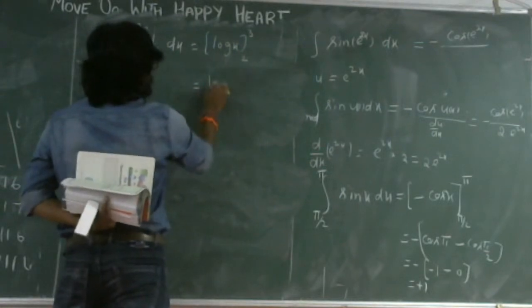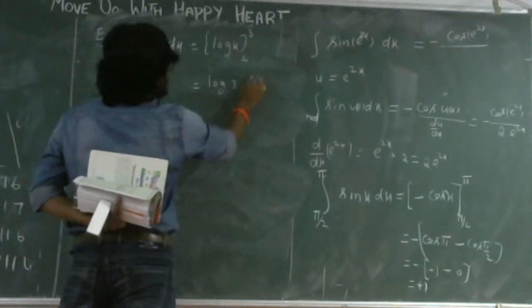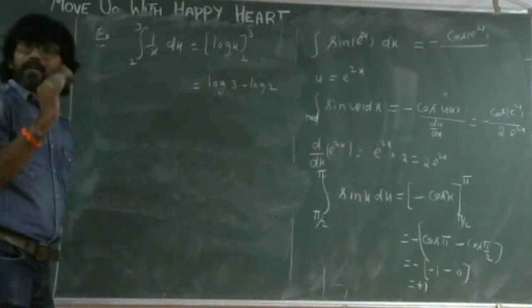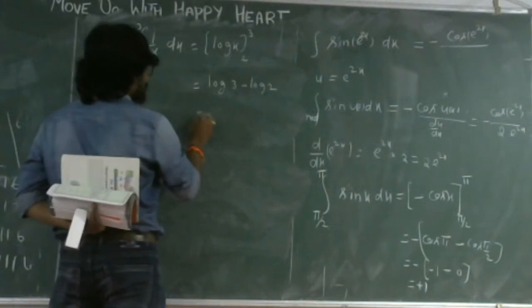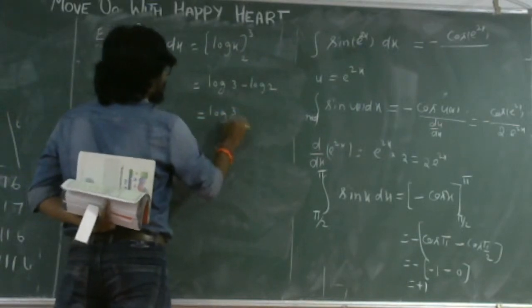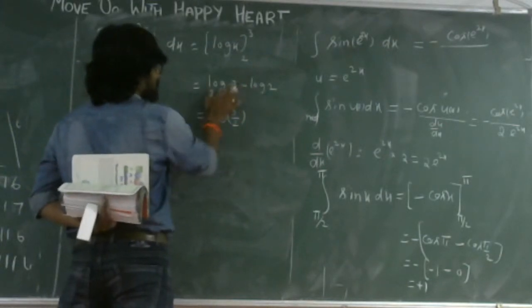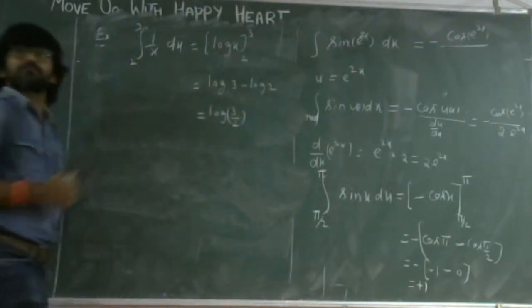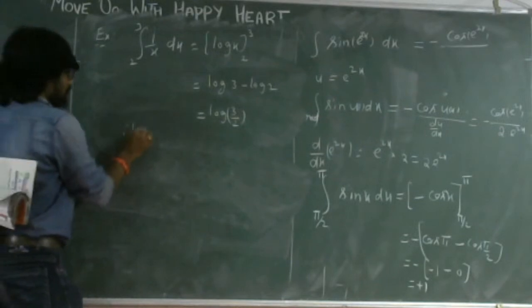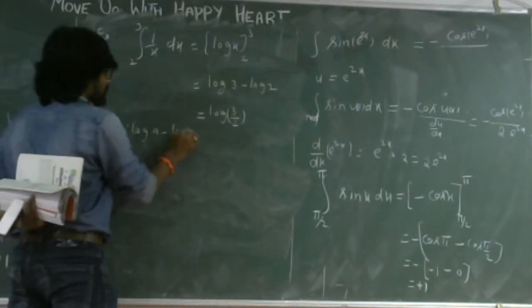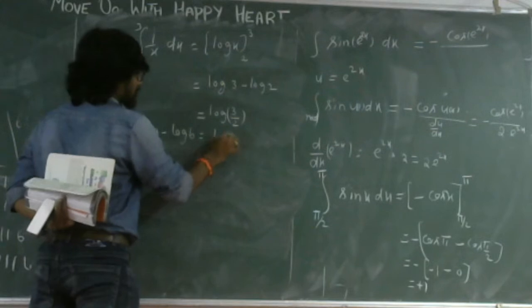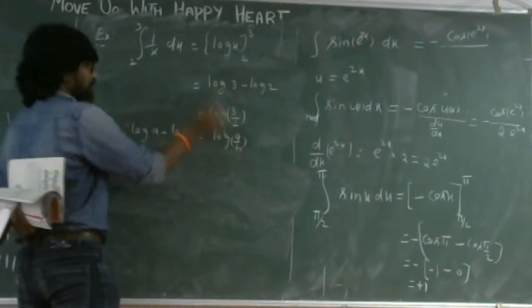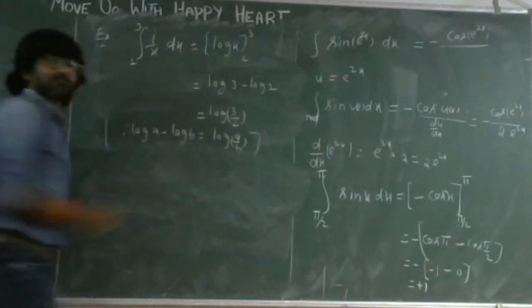It is equal to log 3 minus log 2. You can keep it as it is. Sometimes in the options it will be mentioned as log 3 by 2. So log a minus log b can be written as log a by b. Here you have to use one formula: log a minus log b can be expressed as log a by b. No base means base e you have to take. That's it. Fine.